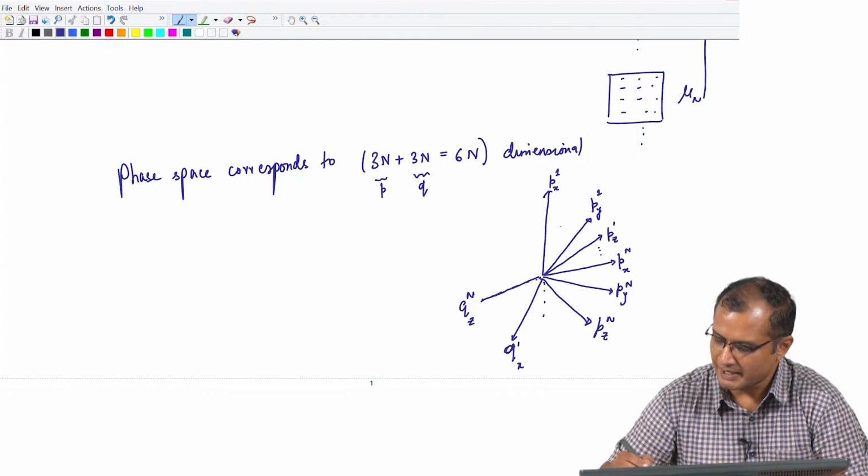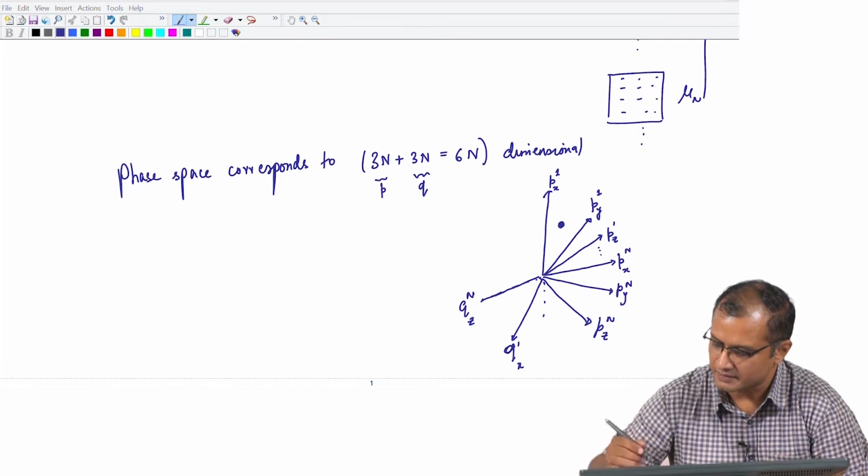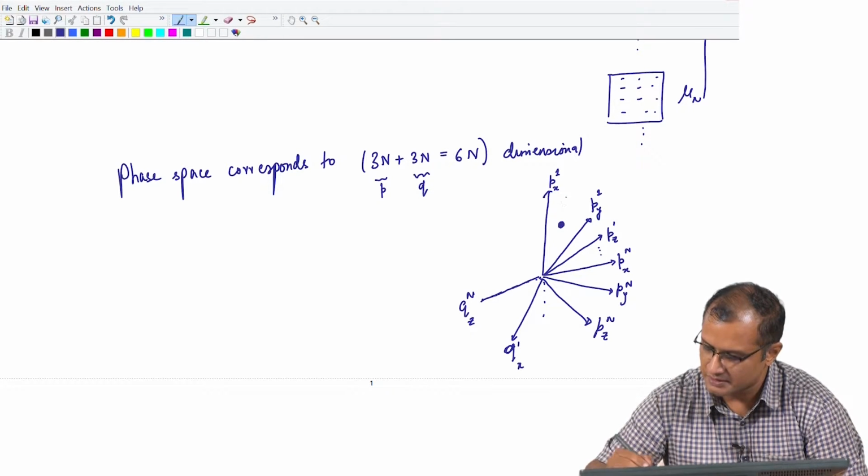So, here a microstate could be just one point. I will say this is, let us say, microstate mu 1.